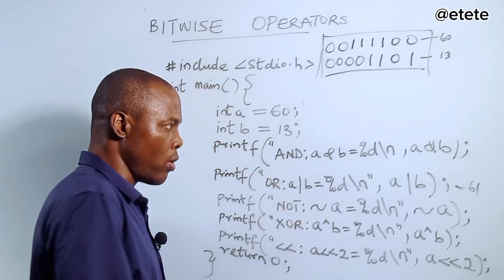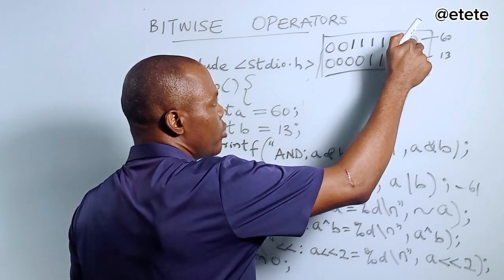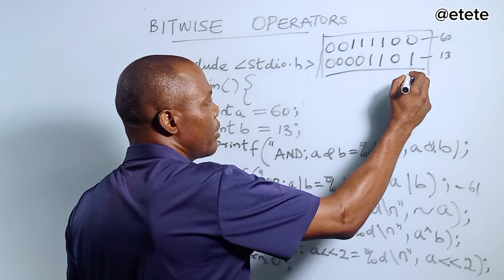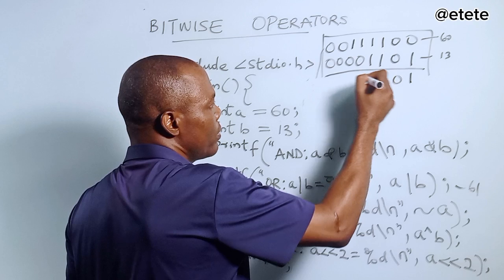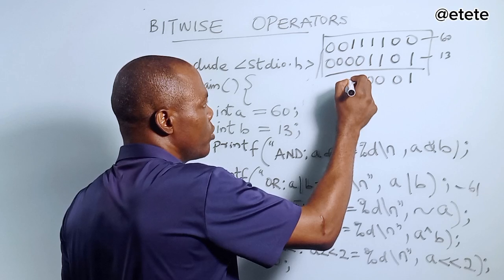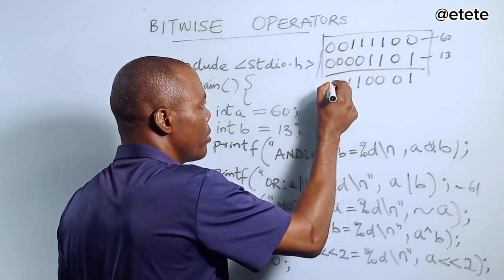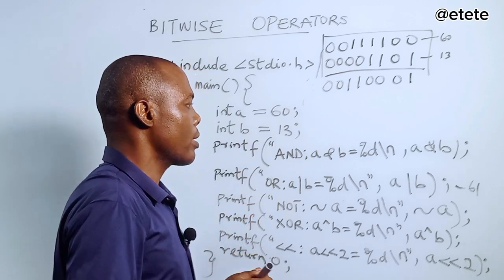That is the exclusive OR. So using exclusive OR for this and this will give you 1. This and this will give you 0. This and this will give you 0. This and this will give you 0. This will give you 1. This will give you 1. And then this will be 0, 0. This is exclusive OR, right?